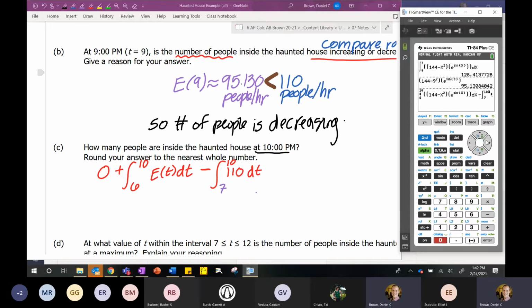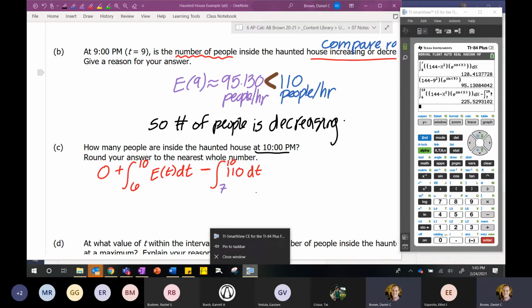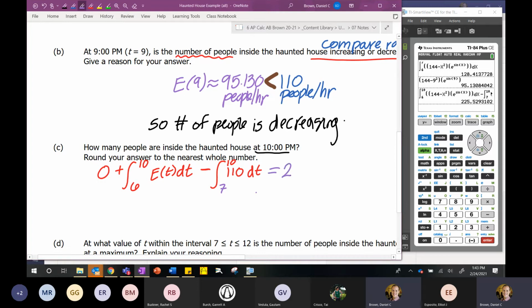What's the function people are leaving by? They're leaving at a rate of 110. And then dx. And then enter. And we see that there's a total of 225.529. It does ask us to round to the whole number since we are talking about people. So that would be 226 people.